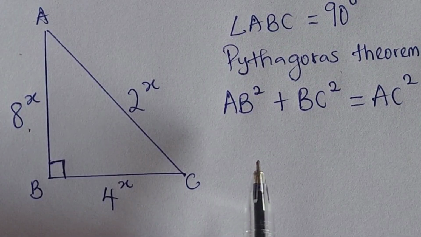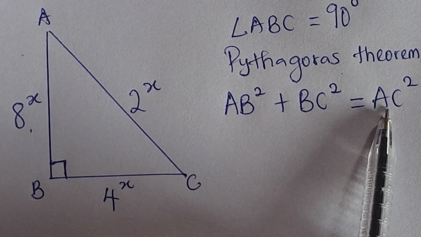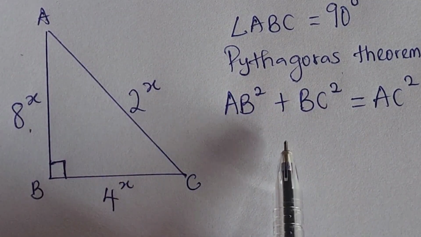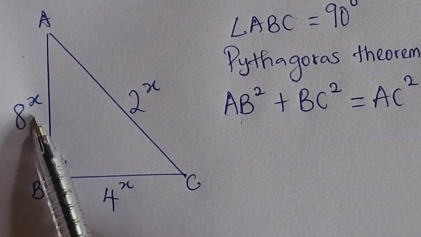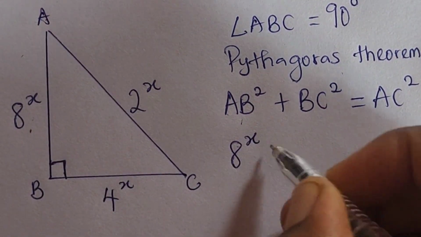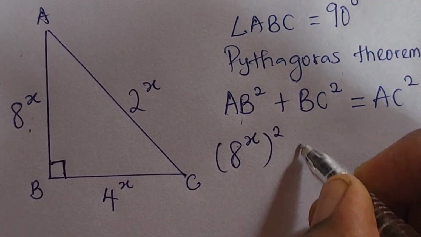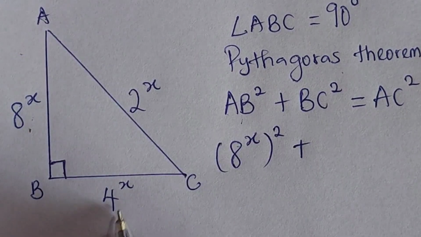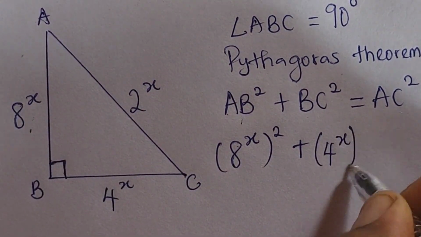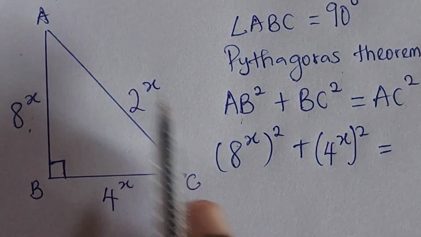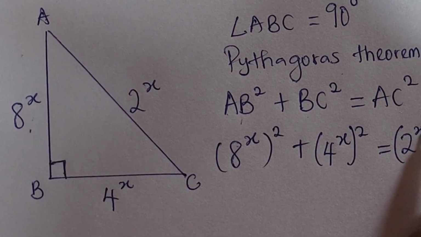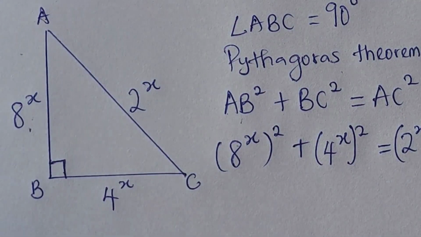So we'll be imputing the values of this side of the triangle to have our AB is 8 to the power of x. So we have 8 to the power of x all squared plus our BC is 4 to the power of x, we have 4 to the power of x all squared, and our AC is 2 to the power of x. So we have 2 to the power of x all squared.